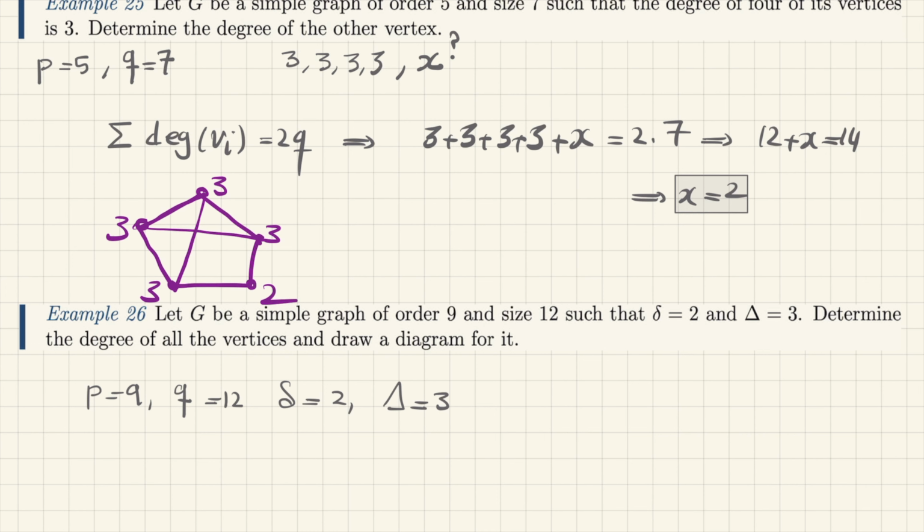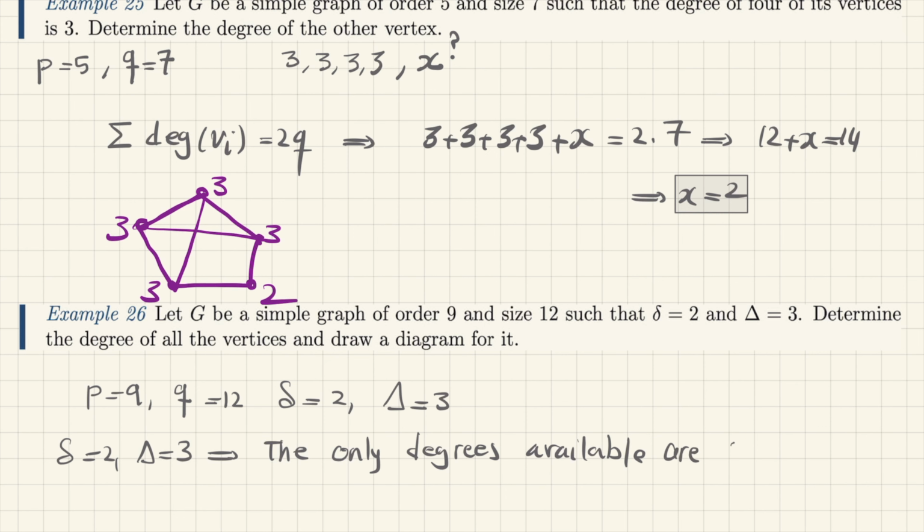Because little delta is 2 and capital delta is 3, the only degrees available are 2 and 3. Agree?